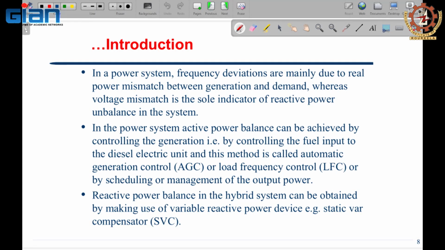If needed, we may need to do load shedding as well. So we change the load according to generation. Basically we manage the active power balance between the generation and demand. In the same way, we have to maintain the reactive power balance between the generation and the demand.